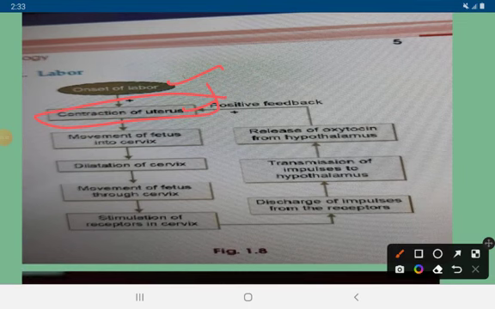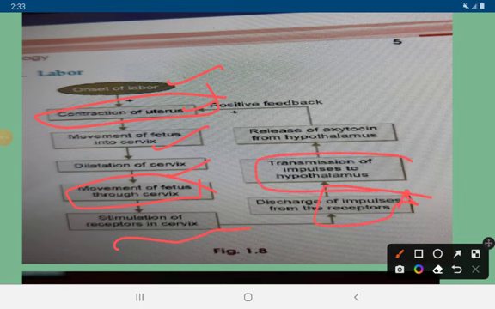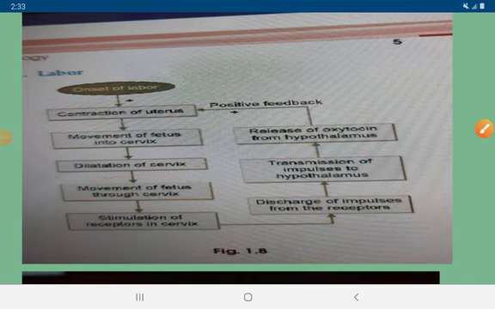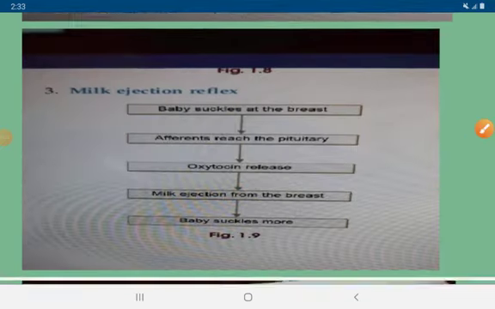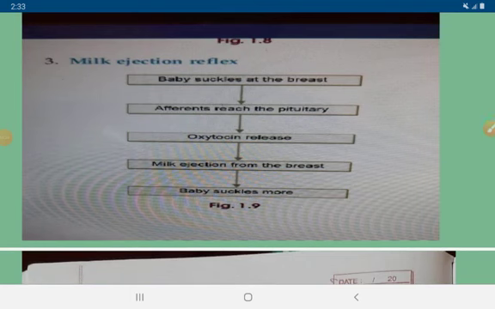After the onset of labor, contraction of uterus occurs, which leads to movement of fetus into the cervix, then dilation of cervix, stimulation of receptors in the cervix, discharge of impulses from the receptors and transmission of impulses to the hypothalamus in the brain, and release of oxytocin from the hypothalamus. This is an example of positive feedback.